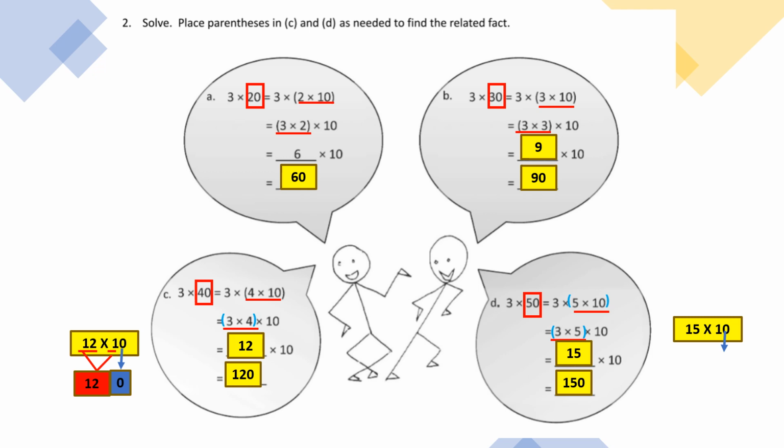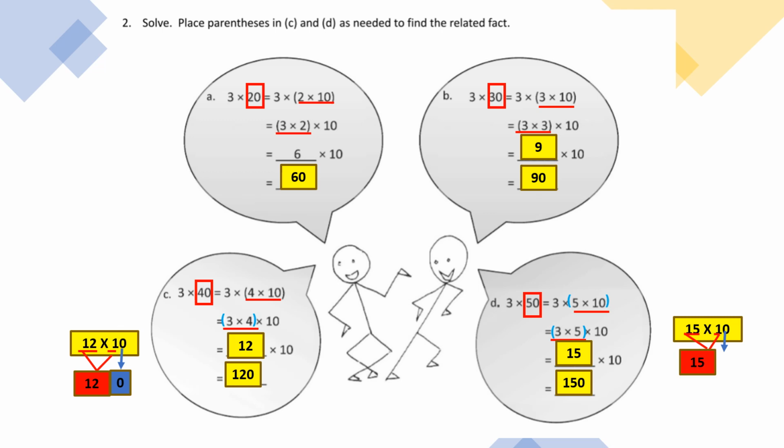15 times 10. So we're going to underline the whole first number of 15, and we're going to multiply it times the first digit of our multiple of 10. So now we have 15 times 1. Remember, anything times 1 is that number. So what's 15 times 1?